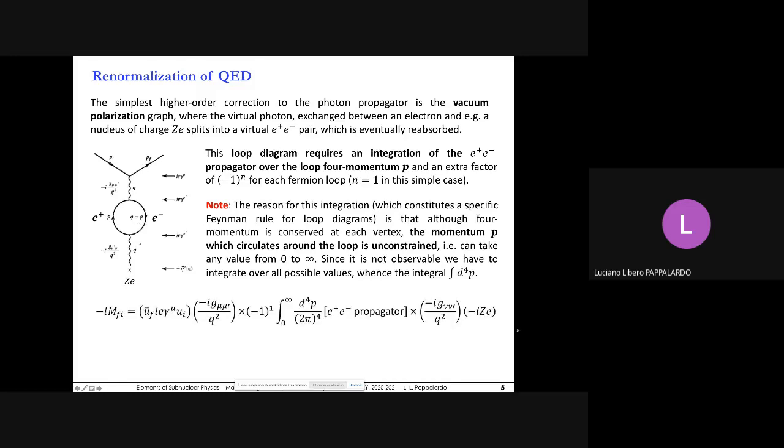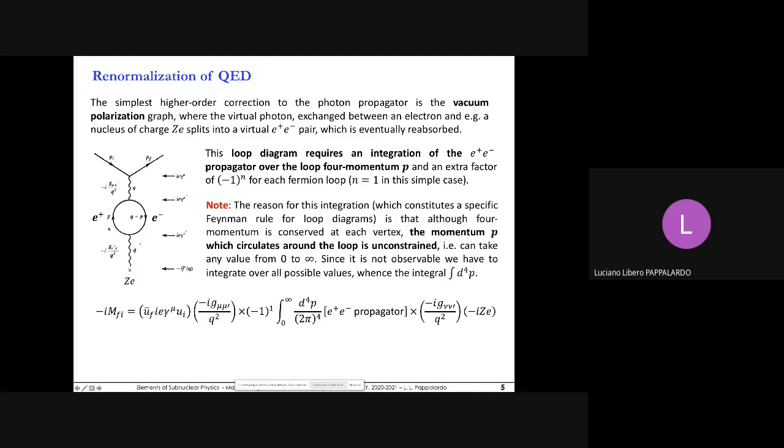So this is how the matrix element for this process would look like. Here we have the standard current at the upper vertex, the one that we learned yesterday. So we have the adjoint spinor for the final state electron, the vertex factor, where e corresponds to the square root of alpha, of course. And then we have the spinor for the incoming lepton. Then we have the propagator for the exchanged photon, this guy here.